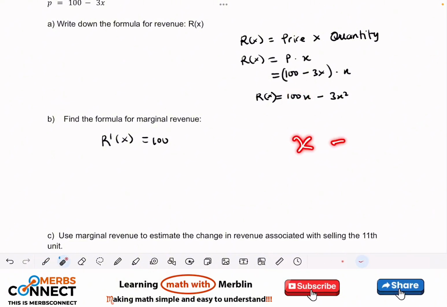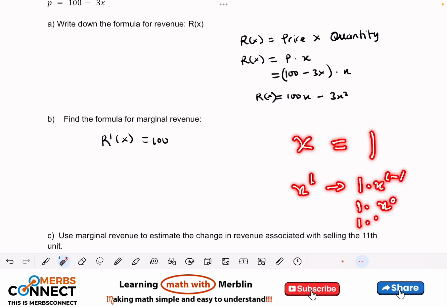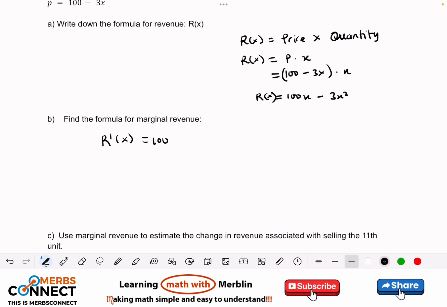So when I differentiate X, what am I going to get? 1. As we saw, X is to the power 1. So 1 drops down times X to the power 1 minus 1, 1 times X to the power 0, 1 times 1, which is equal to 1. So when I differentiate X, I'm going to get 1. So 100 times 1, minus 3 in front of this.